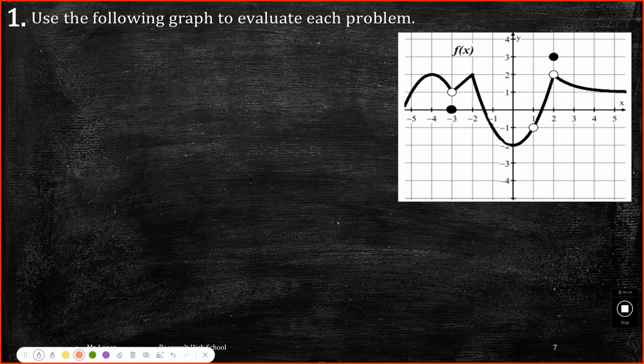All right. So now I'm going to ask people randomly again. Look at the graph. Skyler, what is f of negative 3? 0 is correct. Stephanie, what's f of 0?